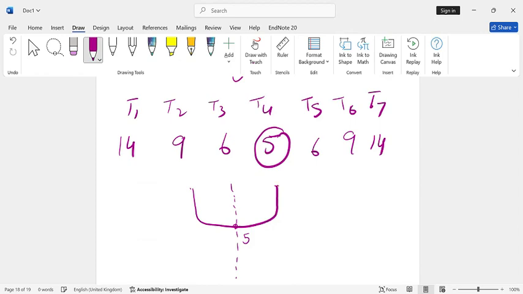So if I'm going to add plus m in this, all the values will be shifted like that. So we have to find out the value between T1 and T7.